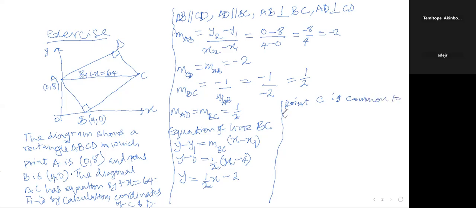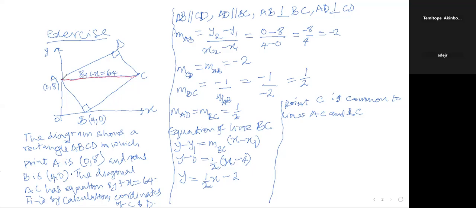Point C is common to line AC and line BC. So in that context, I will now solve the equation of line AC.